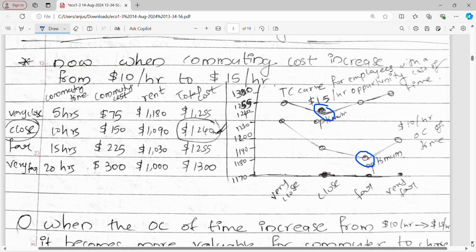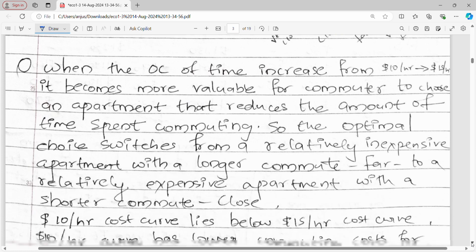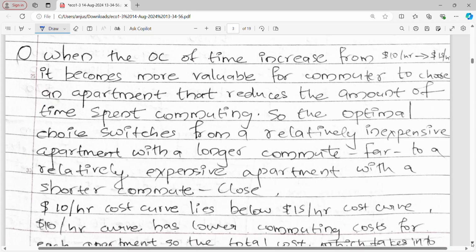Why did it change? Let's see why it changed. I have a detailed explanation. Okay. When the opportunity cost of time increases from $10 to $15, it becomes more valuable for the commuter to choose an apartment that reduces the amount of time spent commuting.